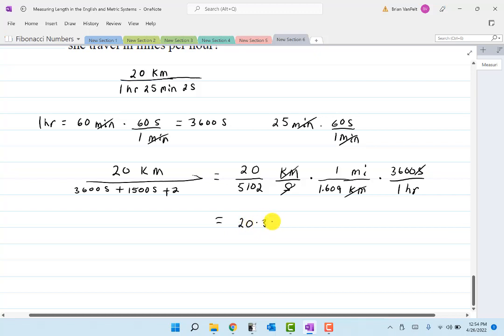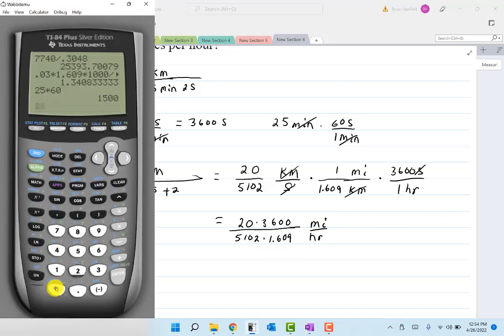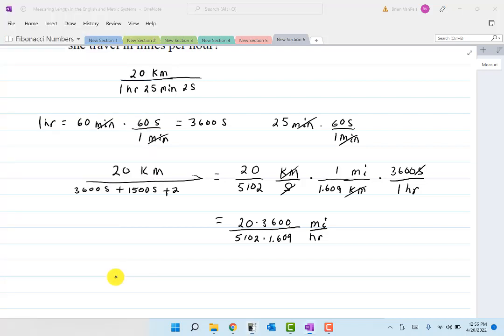I have 20 times 3,600 divided by 5102 times 1.609, and that's all, and this will be in miles per hour. As usual, make sure you contain the denominator in parentheses. Roughly 8.771.